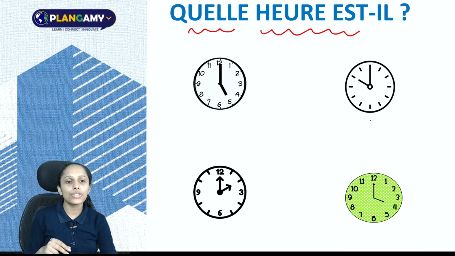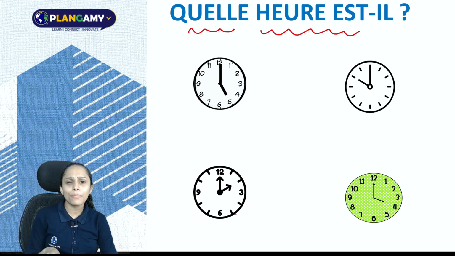Again, you will do the same thing. That is, you have to write it is 10 o'clock in the morning and it is 10 o'clock in the evening. Again, you have to write it down here. It is 2 o'clock in the morning and it is 2 o'clock in the evening. Did you remember? We learnt this 2 o'clock, that is, il est 2 heures.